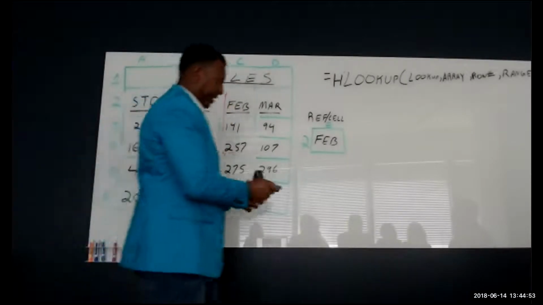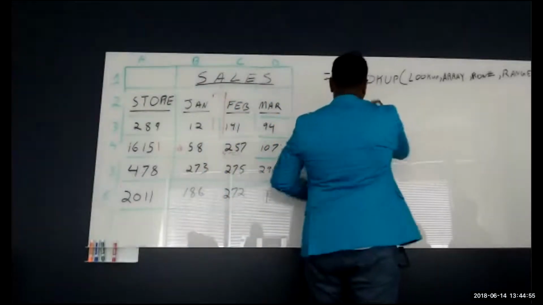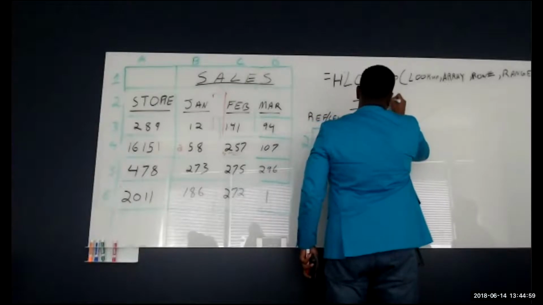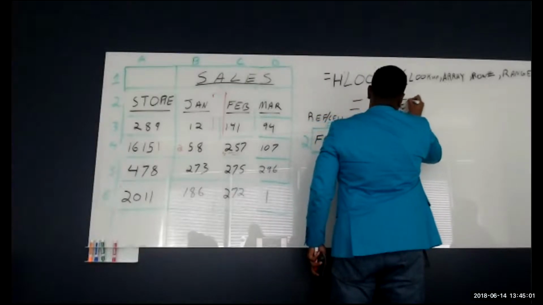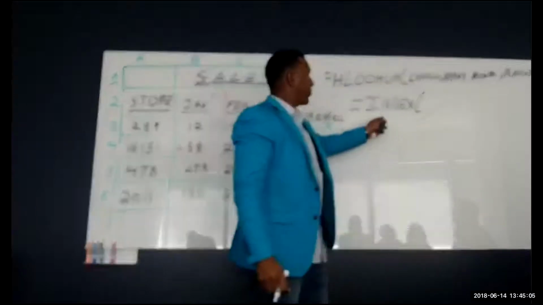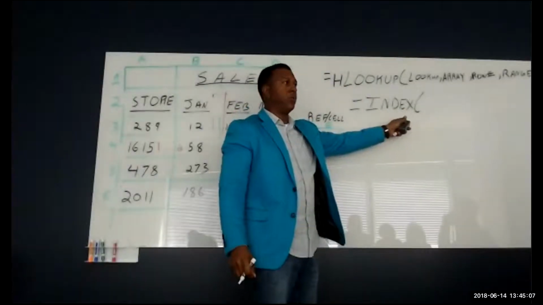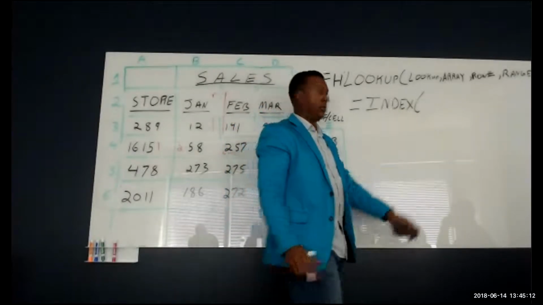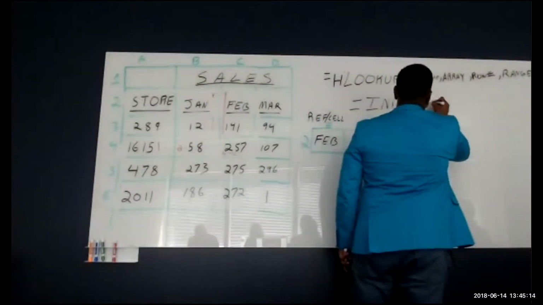So, index equals index. Now, the first thing the index is going to ask you for is where can I find the answer you're looking for, okay? Which is also called the array.